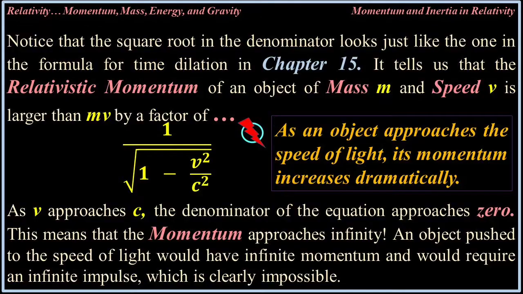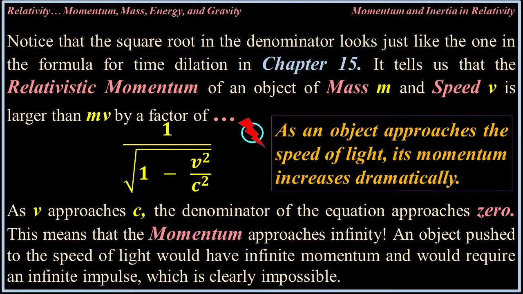Notice that the square root in the denominator looks like the one in the formula for time dilation in chapter 15. It tells us that the relativistic momentum of an object of mass m and speed v is larger than mv by a factor of 1 over root 1 minus v squared over c squared.